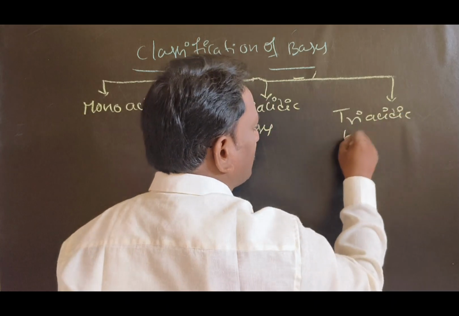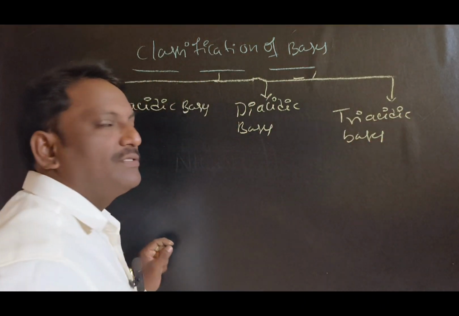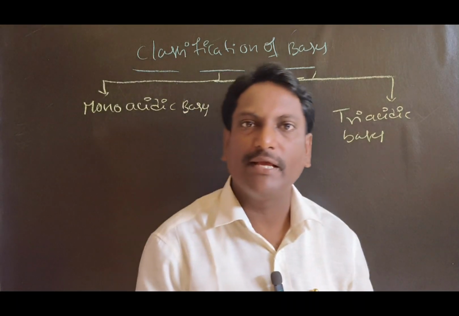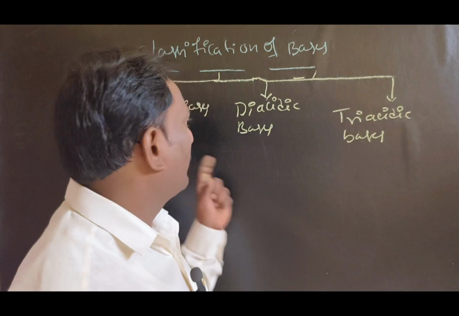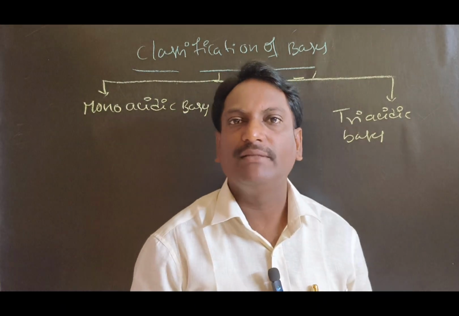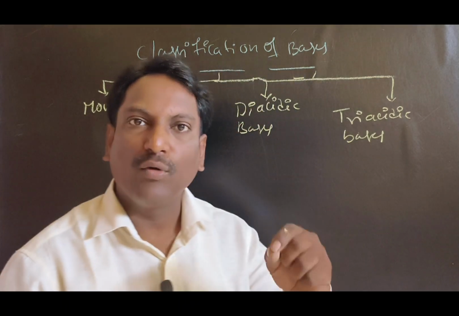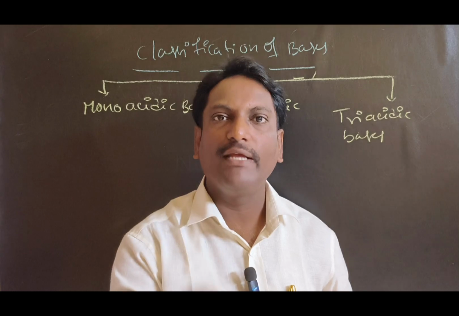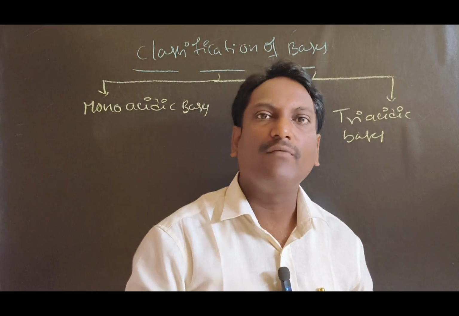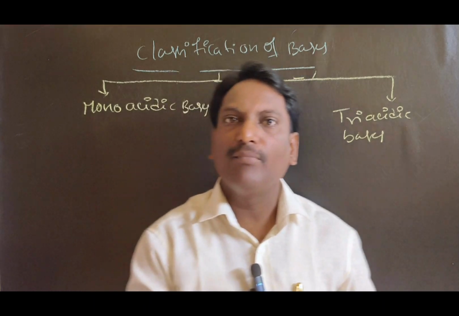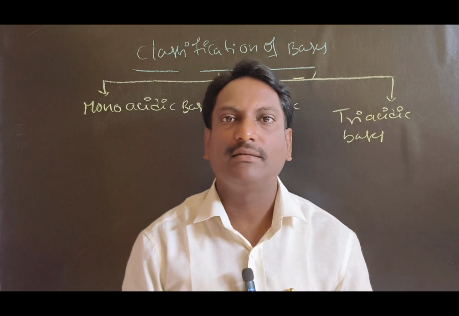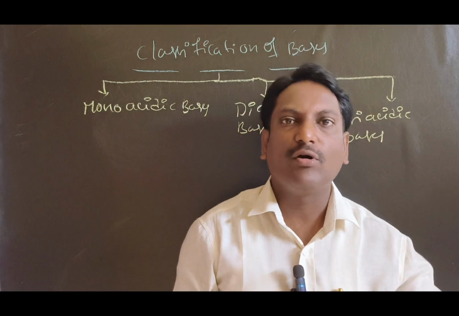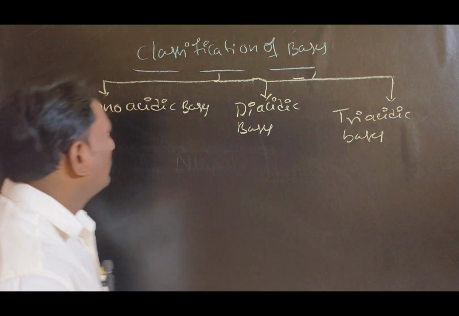What is meant by acidity? Acidity means the number of OH minus ions, or hydroxide ions, or hydroxyl ions produced by one molecule of a base when it is dropped in water.